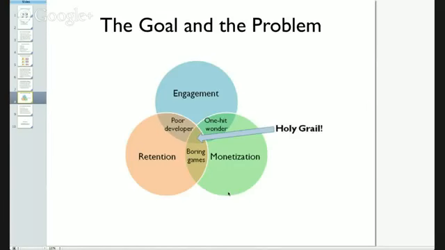Grinding means that the levels are really long and really hard, and all you do is kill the same monsters over and over again, right? So you're retained and you're monetizing, but it gets boring. You're paying a lot of money, but there's very little engagement.